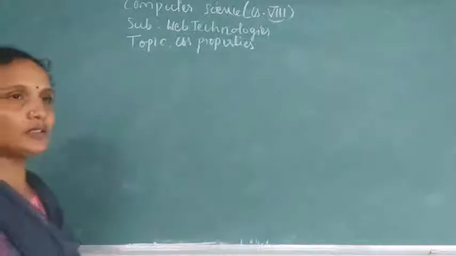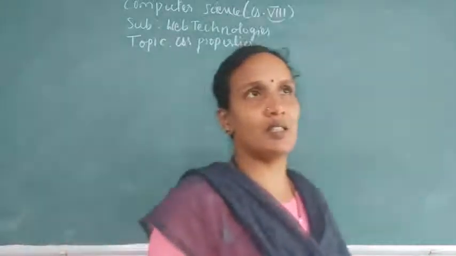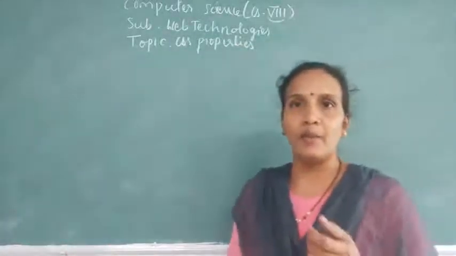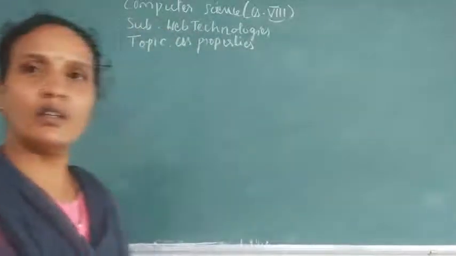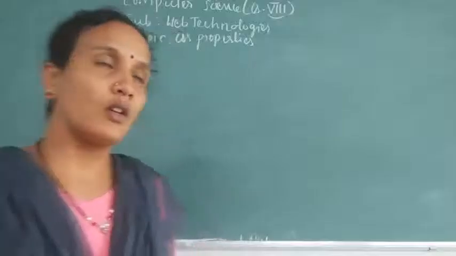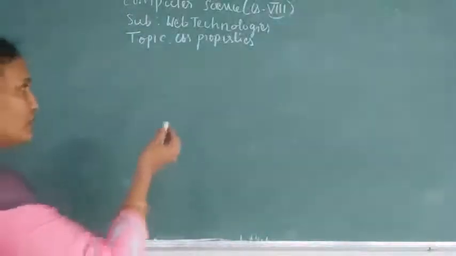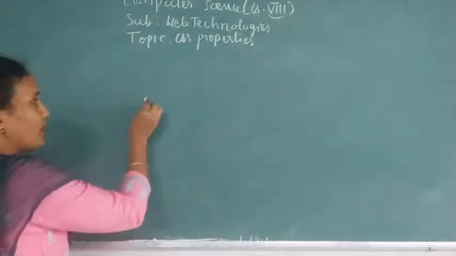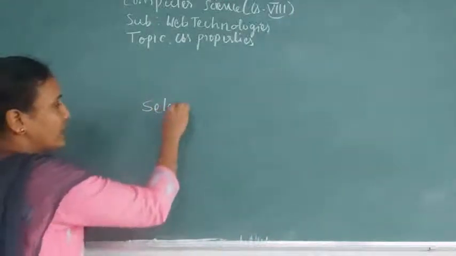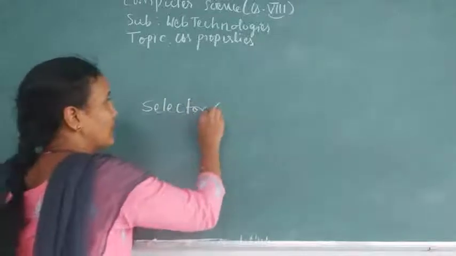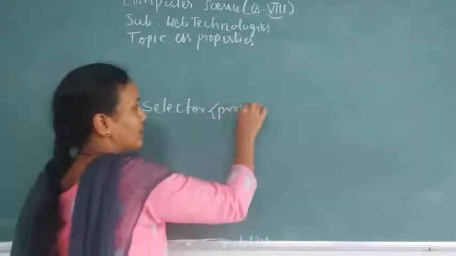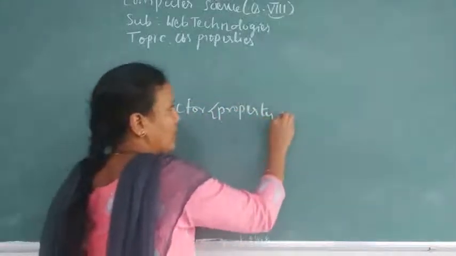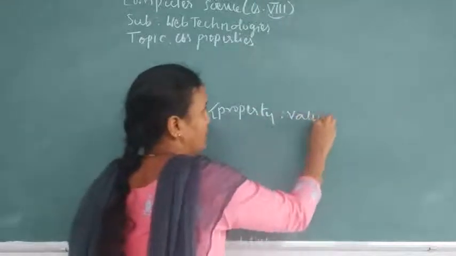See, in the CSS starting classes I will explain the basic declaration of CSS. So when you come to CSS, the basic syntax of CSS is selector, property, colon, value.